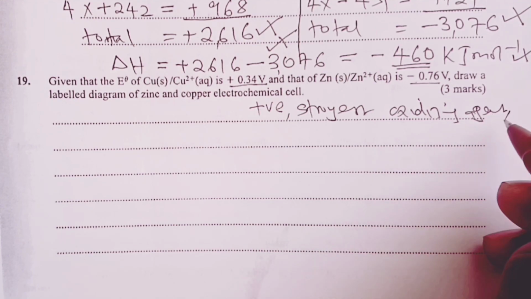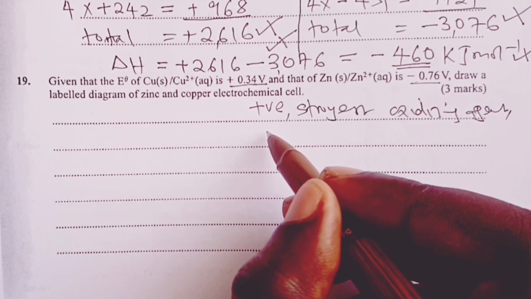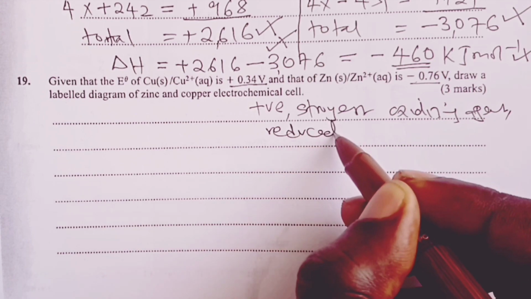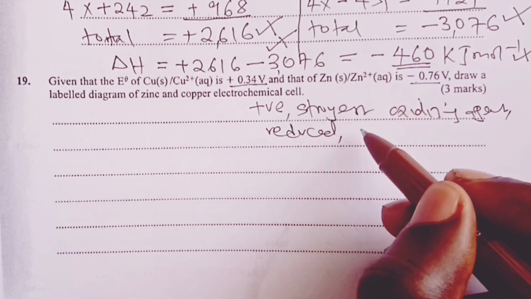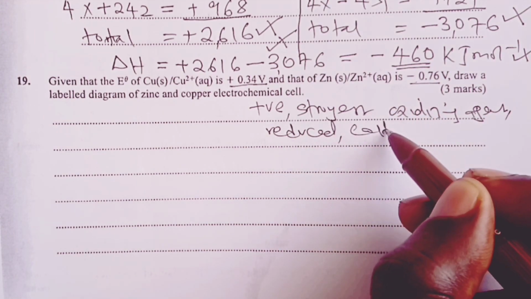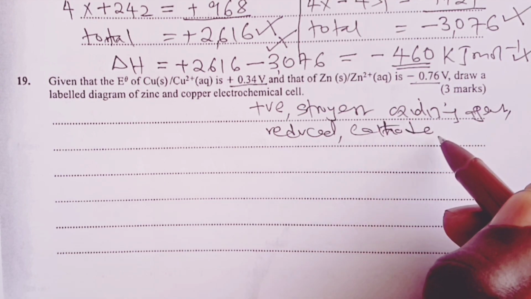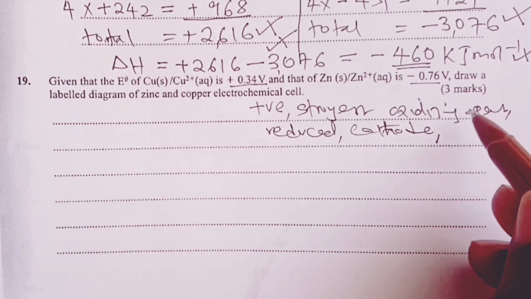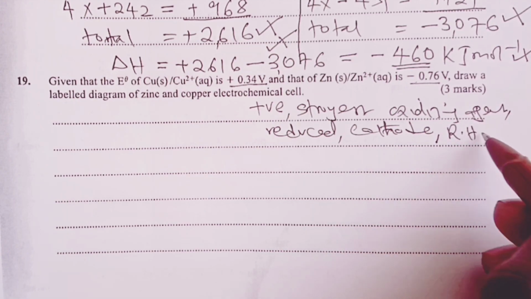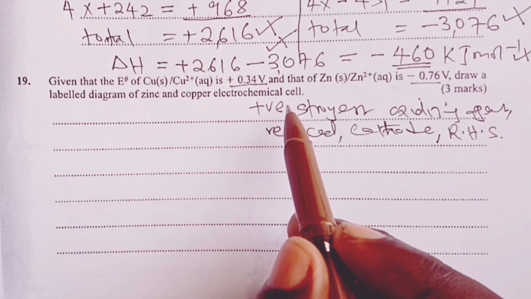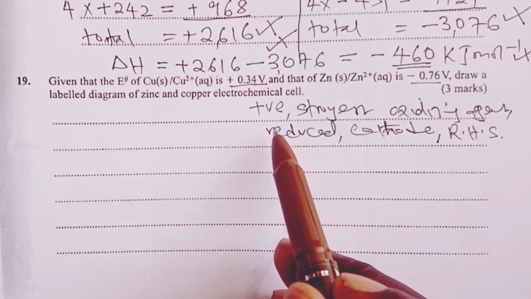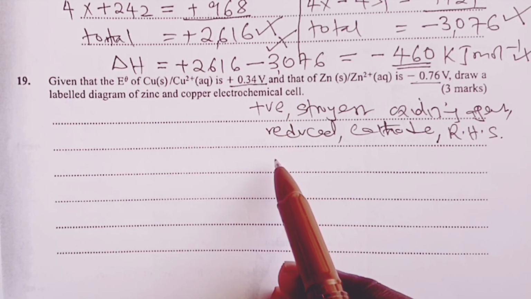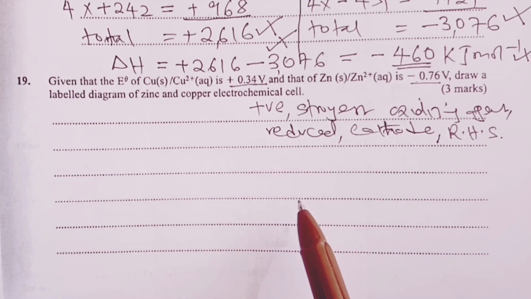We know an oxidizing agent normally gets reduced. Reduction, on the other hand, takes place at the cathode of the complete cell. And finally, cathode we usually place on the right hand side of our electrochemical cell. This is what I call a tagline, which is usually very, very useful when you are asked such questions.